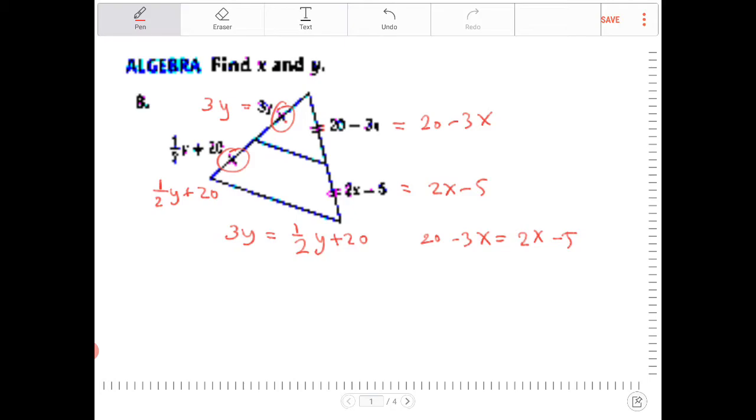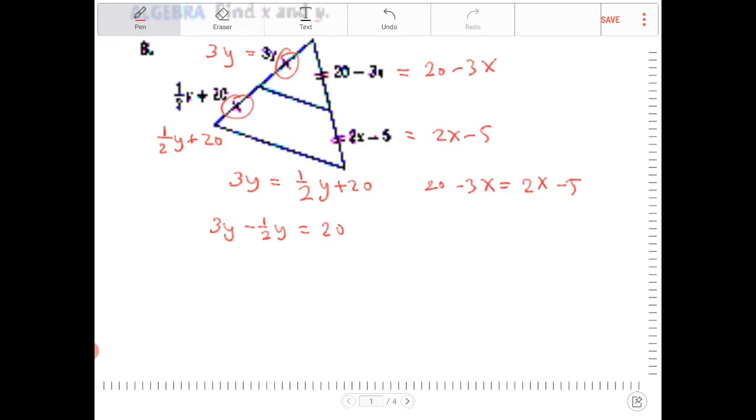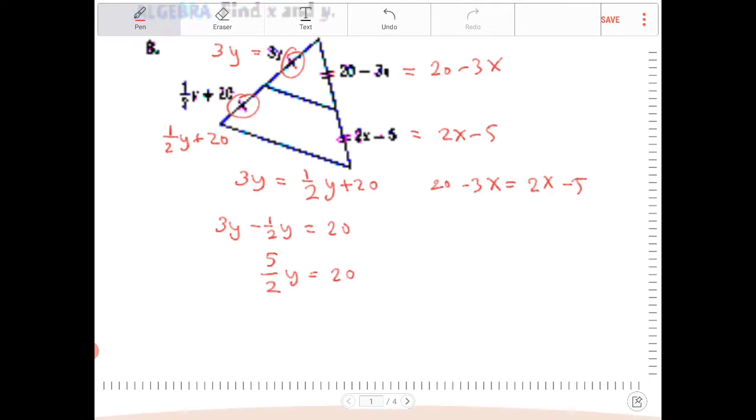So we can combine like terms. We end up with 3y minus 1/2 y is equal to 20. That would be 5/2 y is equal to 20. Multiply both sides by 2/5. Y will equal 8.